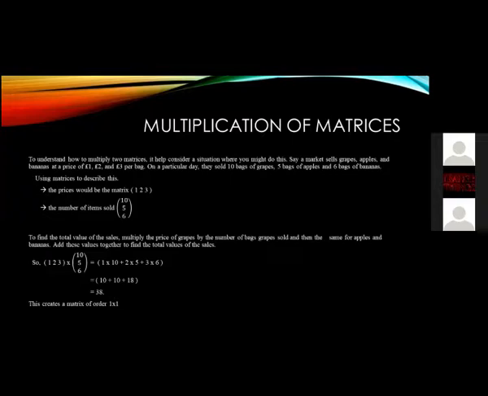So 1, 2, 3 times 10, 5, and 6 equals 1 times 10 plus 2 times 5 plus 3 times 6, which equals 10 plus 10 plus 18. The result is 38. This creates a matrix of order 1x1.